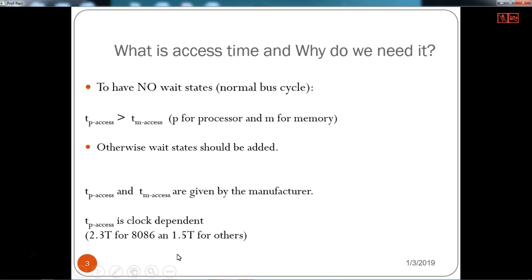From this, we can see that for the memory access, the processor takes 2.3 T states for the 8086 and 1.0 T states for the other processors. For 8086 based systems, the processor takes 2.3 T states, meaning 2 clock cycles and 0.3 T states.